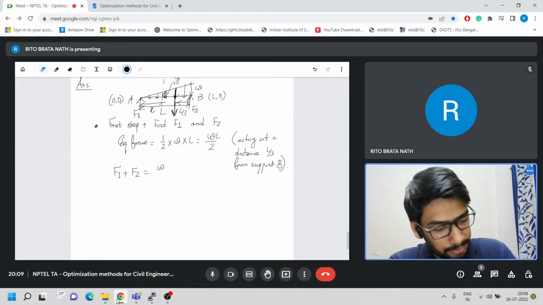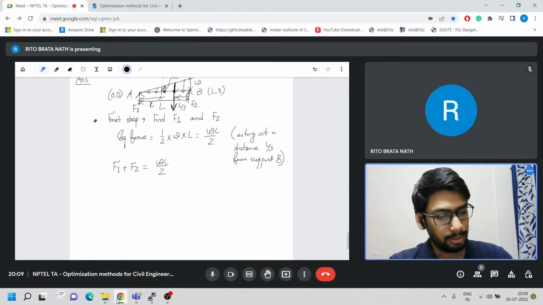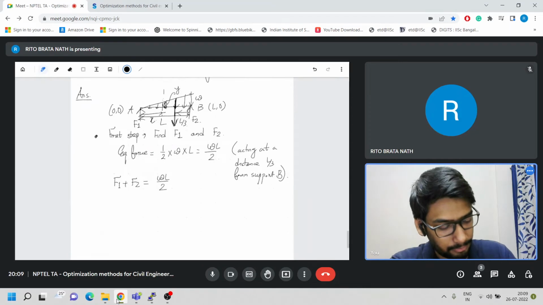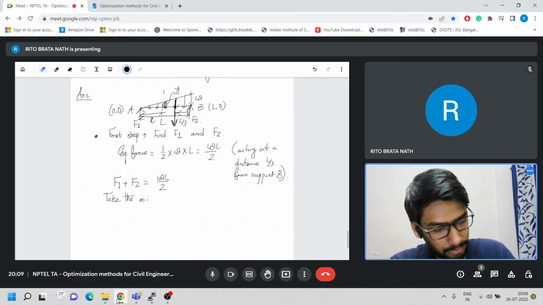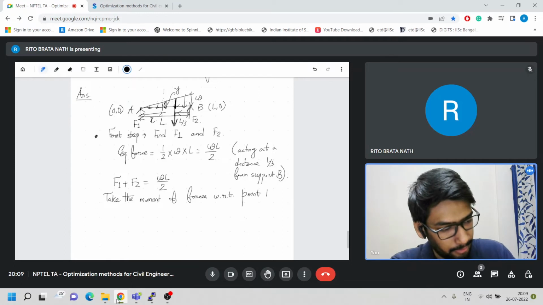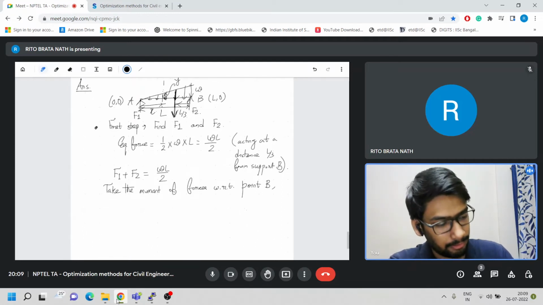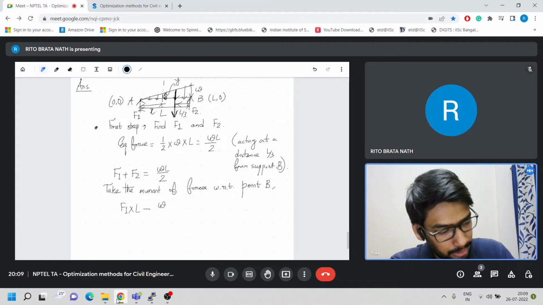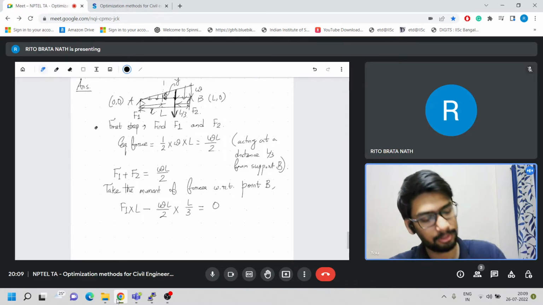So F1 plus F2 will be WL by 2, and let's take the moment of forces with respect to, say, point A here, sorry, point B. So that will give you F1 times L minus WL by 2, and it's acting at a distance L by 3, equals 0.